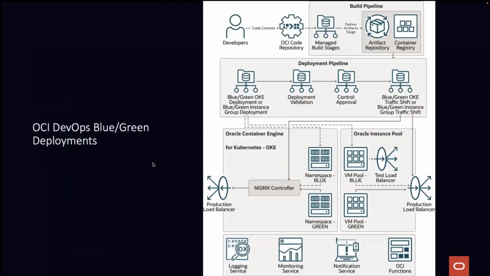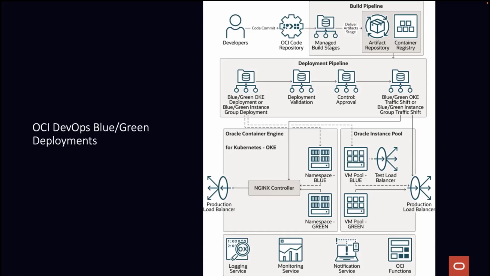So for today's use case, I'm going to discuss OCI DevOps blue-green deployment. You can see a developer is trying to commit code to the OCI repository, or the OCI repository is mirrored by GitHub, Bitbucket, or any other repository.